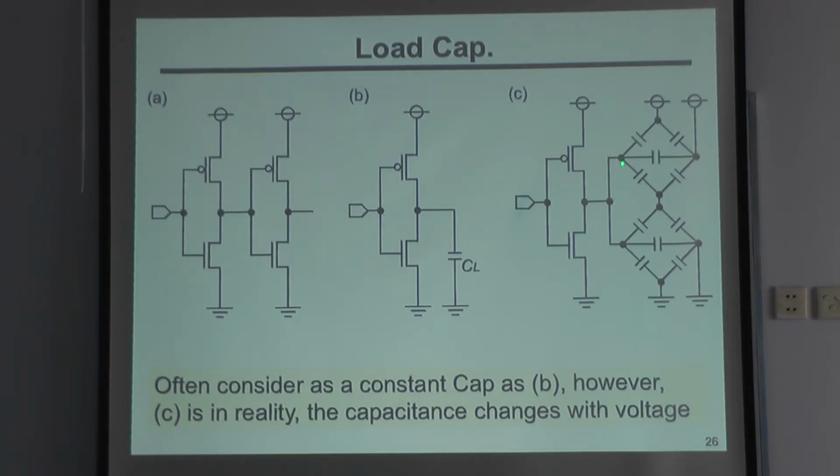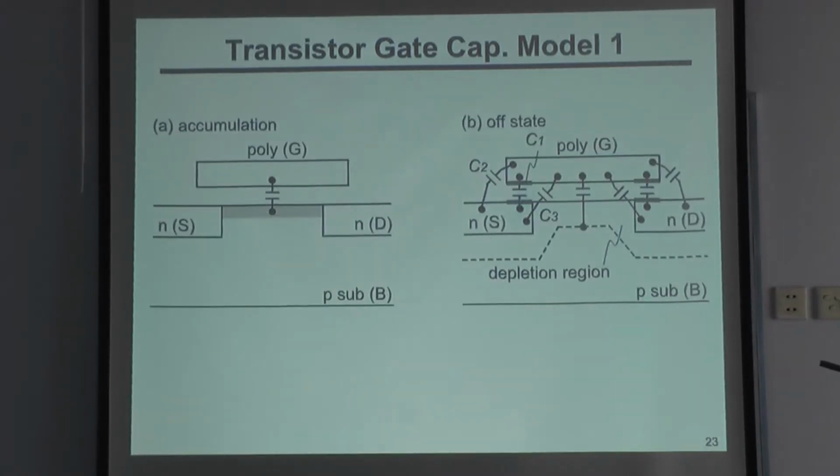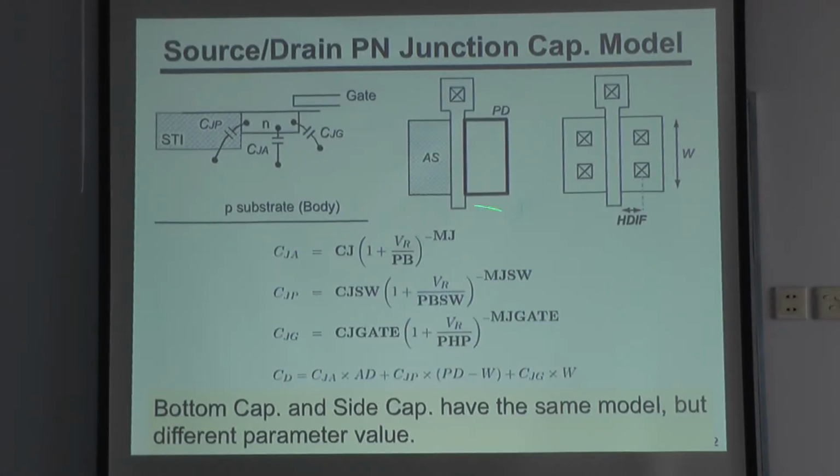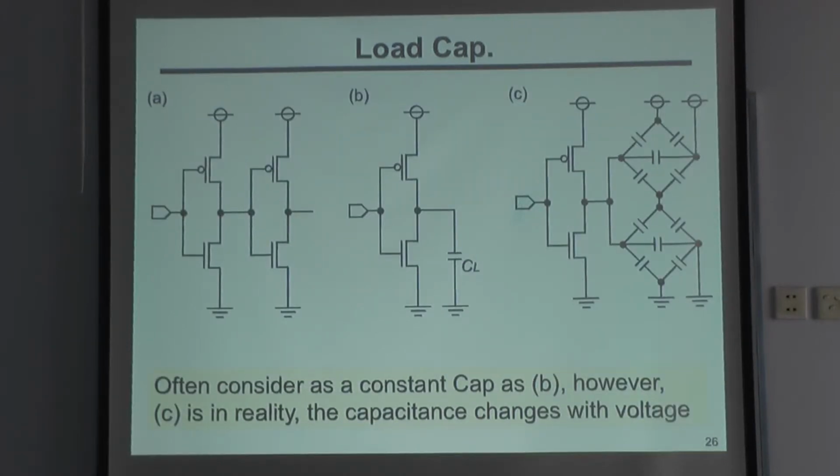Some PMOS terminals are terminated to VDD, and some NMOS terminals are terminated to ground, and there are many kinds of connections. Also these capacitance values depend on the gate voltage, and the second dependence is the PN junction bias dependency. So all of these bias voltage dependencies should be calculated when you estimate this kind of delay.